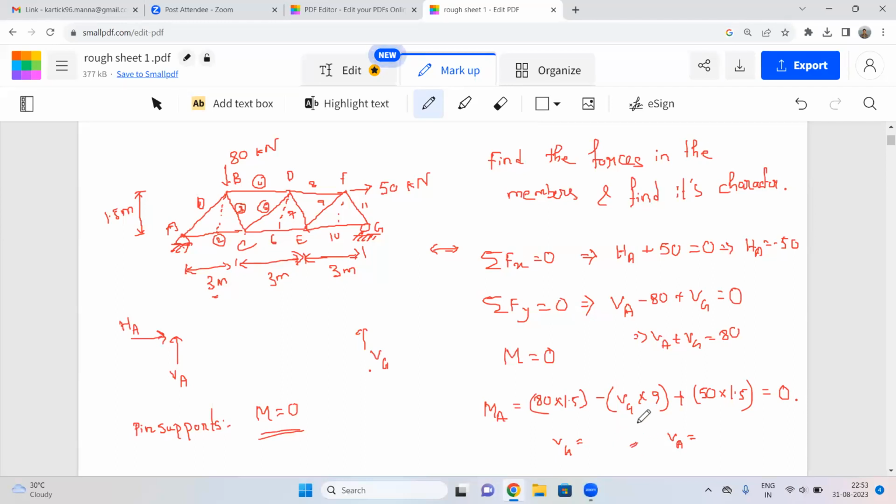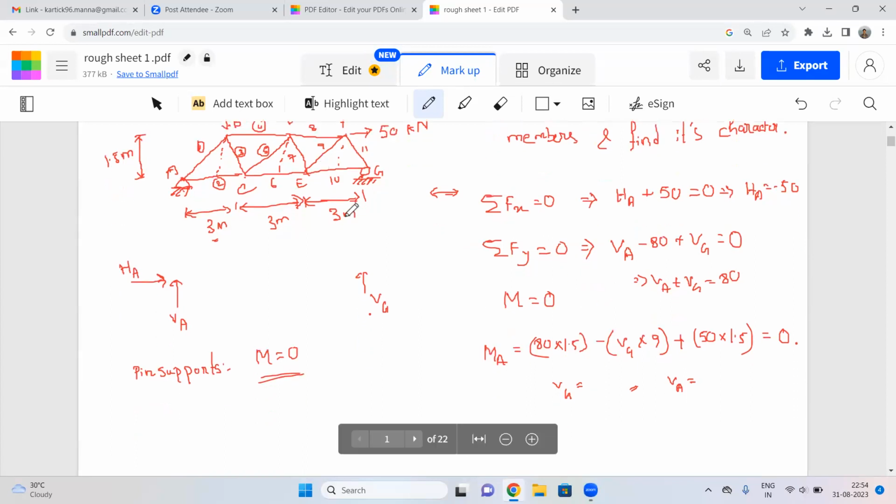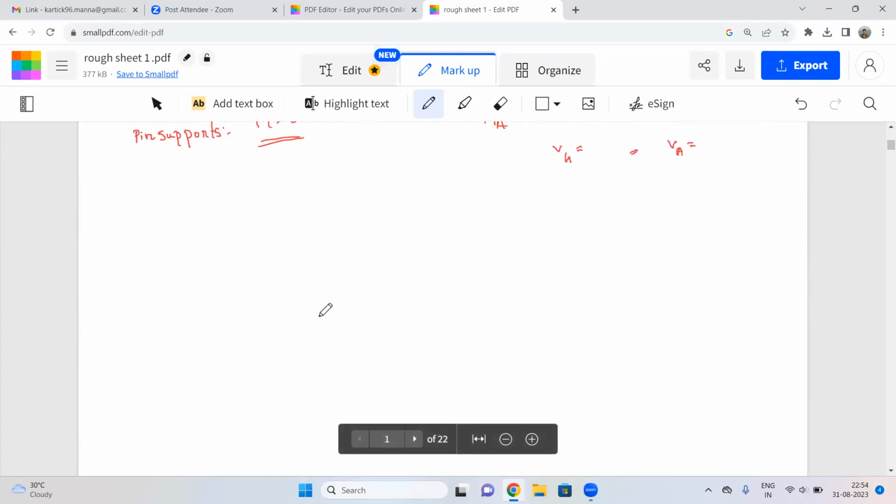So now we know the reactions HA, VA and VG. But what we need to find out are the forces in these 11 members. For that we have two kinds of method.